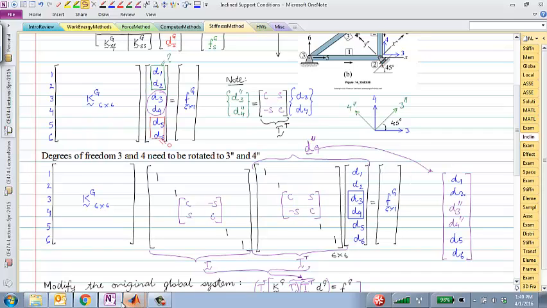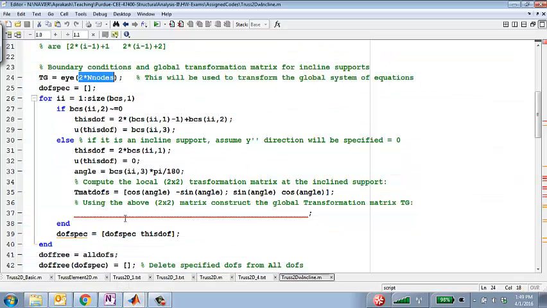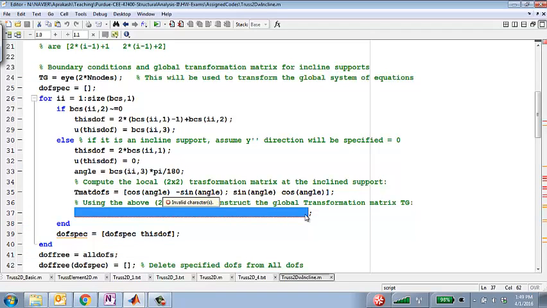That change is exactly what I'm asking you to write here. So you need to pick out the correct degrees of freedom in TG and modify those to basically Tmat, cosine, sine, minus sine, and cosine. If you put that in the right location in that big T global matrix, it'll be the correct global transformation matrix.